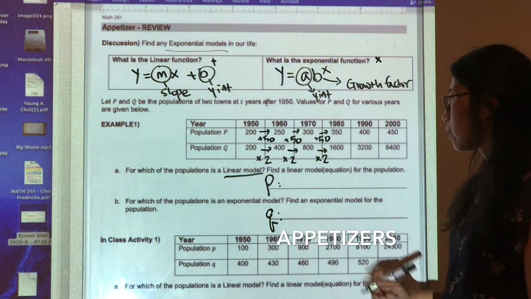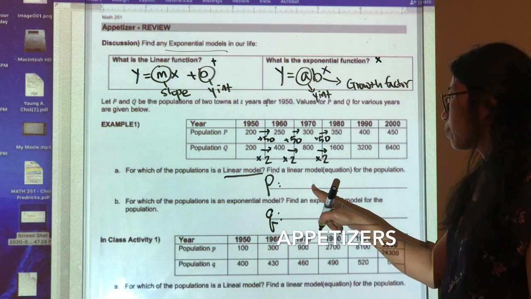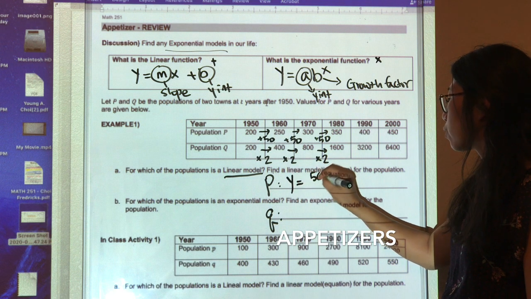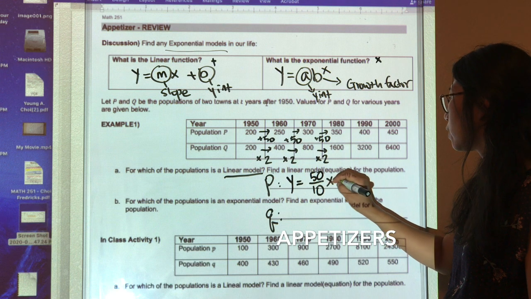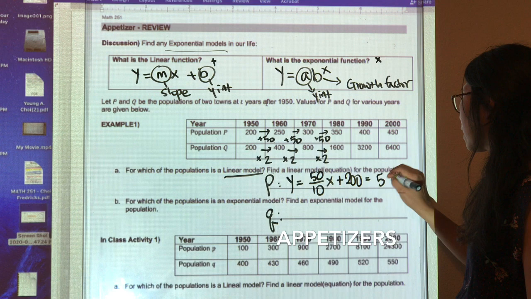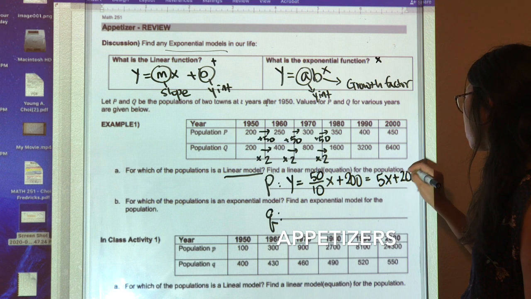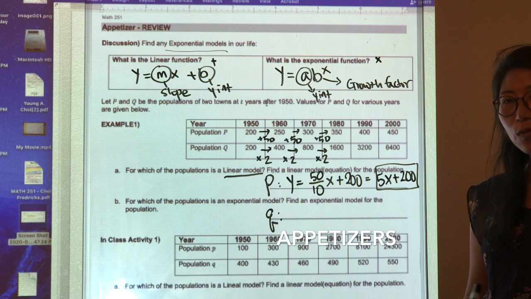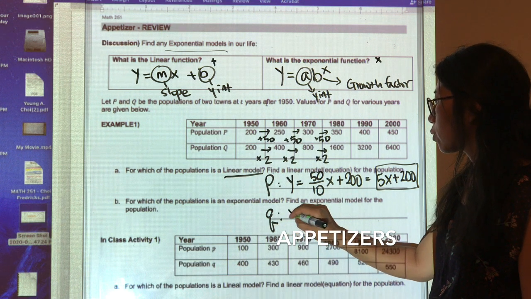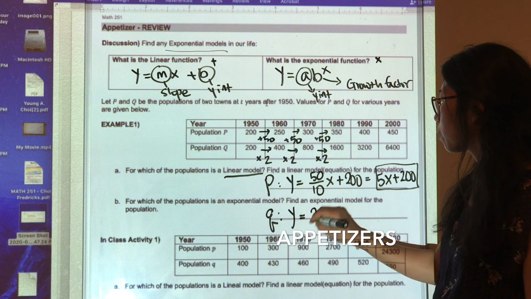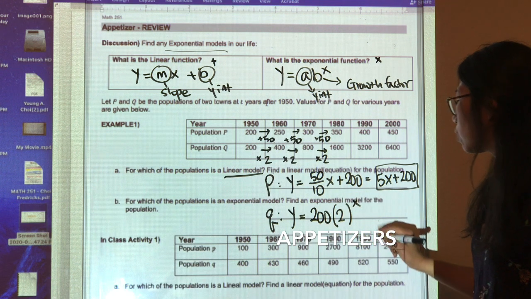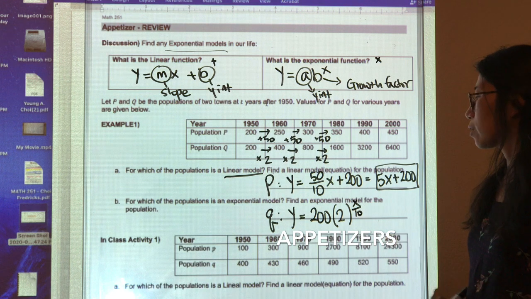Then let's try to find the equation for model P. This is going to be y equals increasing 50 every 10 years, starting with the number 200. So I can say y = 5x + 200 as this linear model. If you look at Q, this is going to be y equals starting number 200 and multiplies by 2 every 10 years.